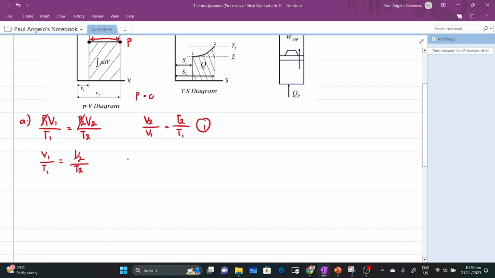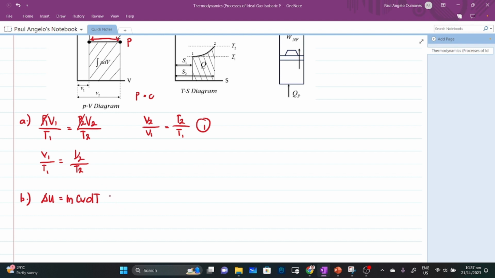The next equation is your change in internal energy. As we've said before in the isometric process, the change in internal energy is always absolute. Regardless of the process, even though the process here is constant pressure, your internal energy will still be mCv dT, or mCv (T2 minus T1).